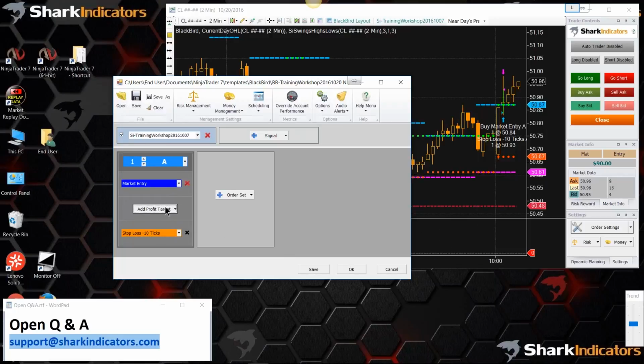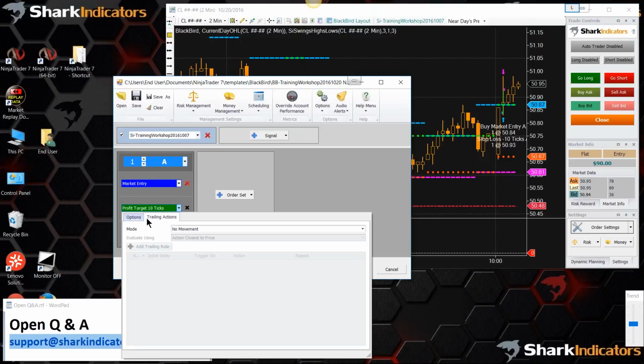So just for an example here, you can set up trailing rules for your profit target, so you can actually move your profit target if you wish. You could keep moving your profit target away to try and capture more profit, right?